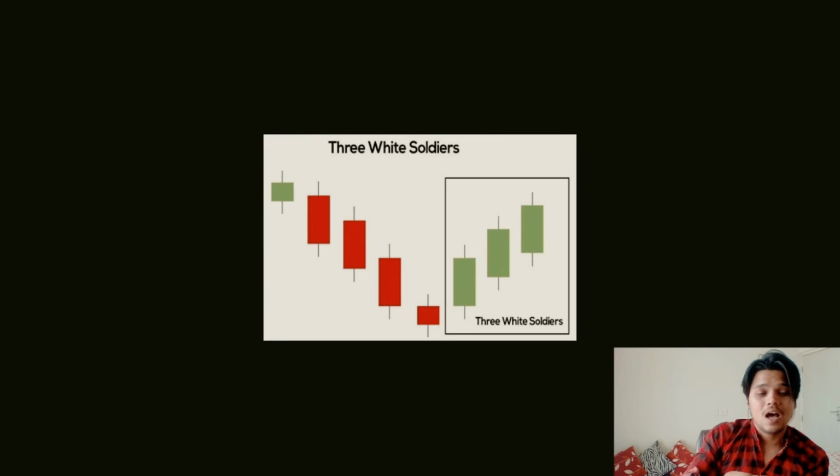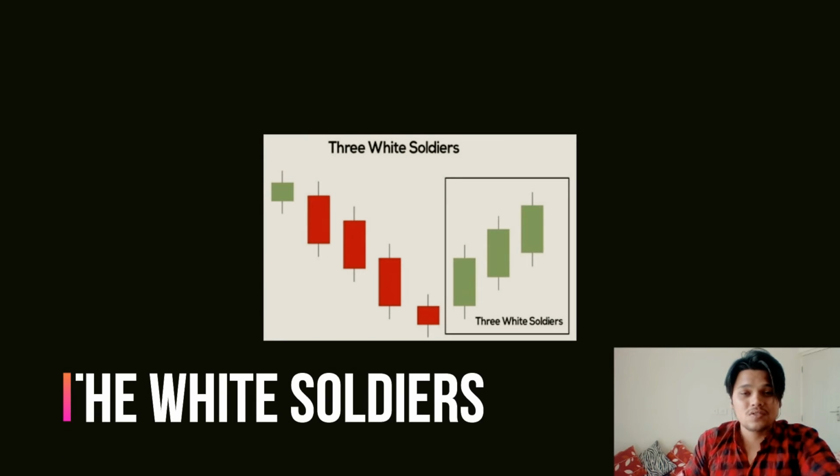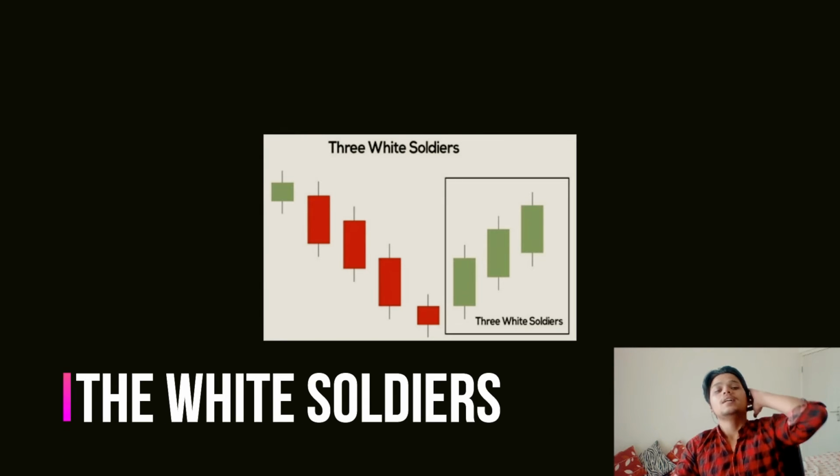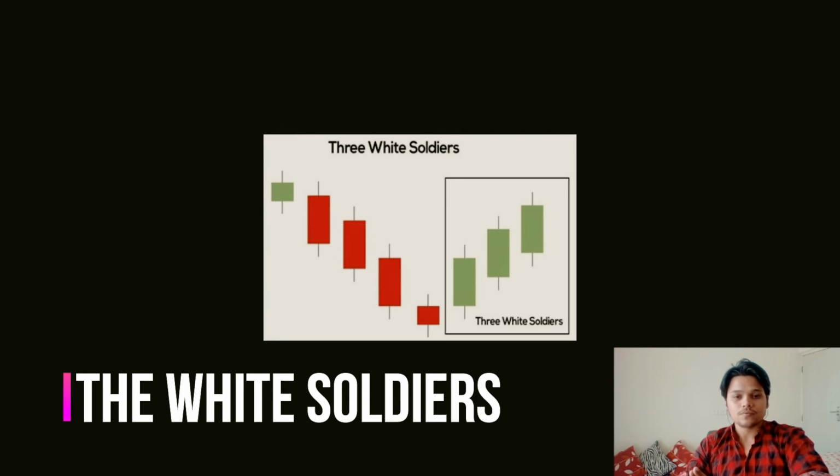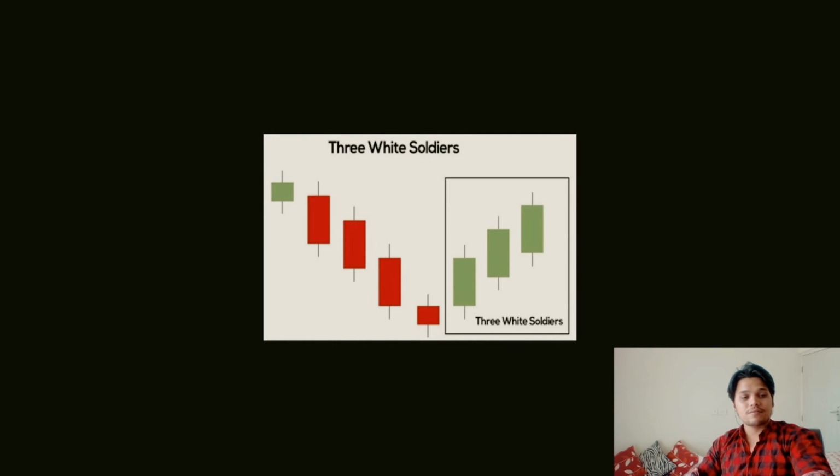Our next candlestick pattern is 3 white soldiers. As you can see, it consists of 3 green candles one after another. There will be no red candle between these green candles, and this is a strong bull run. This means that the market will go up very high.